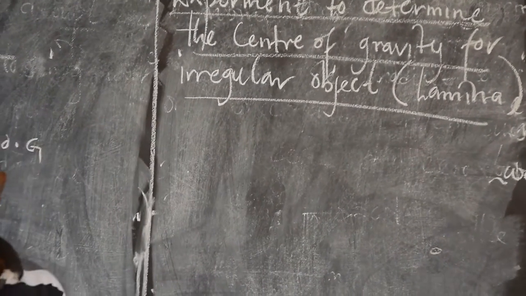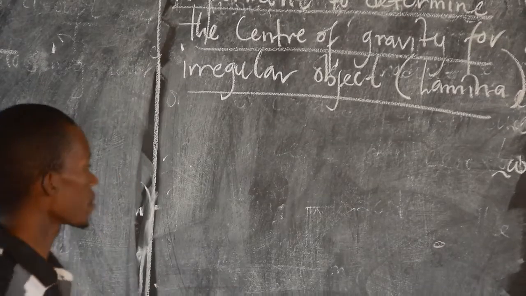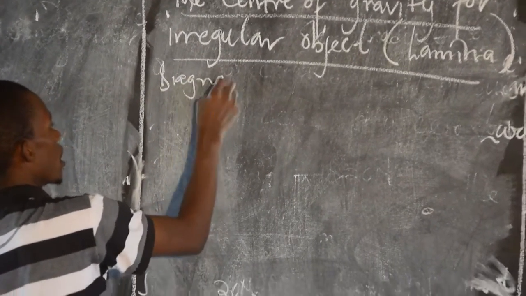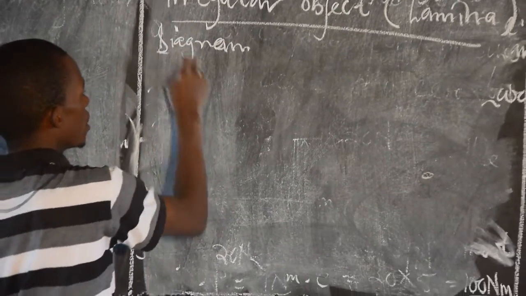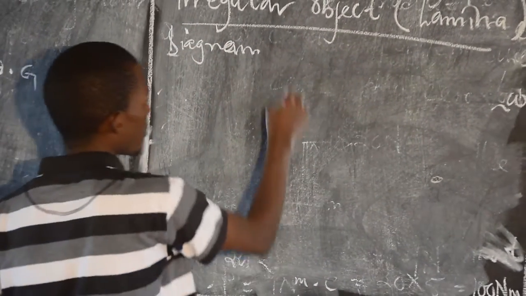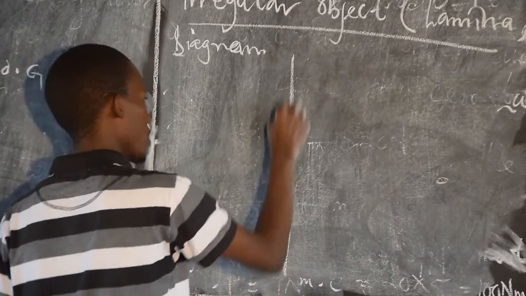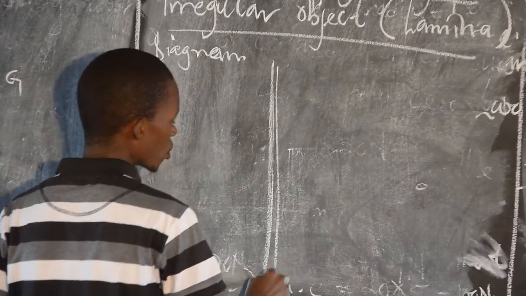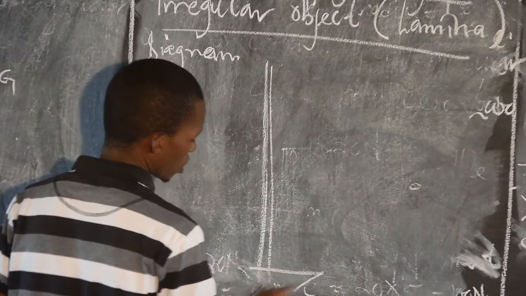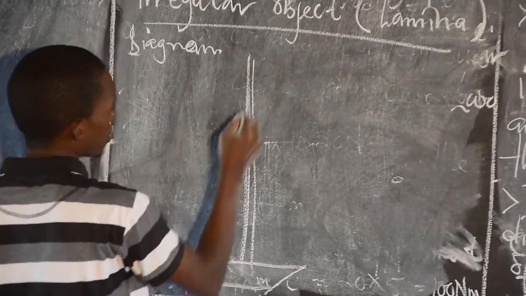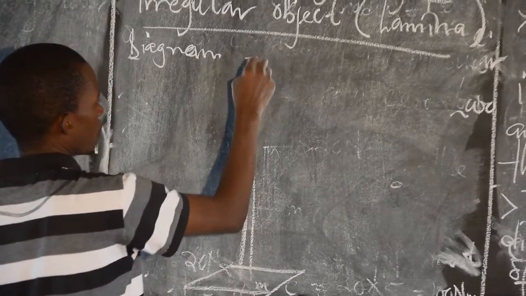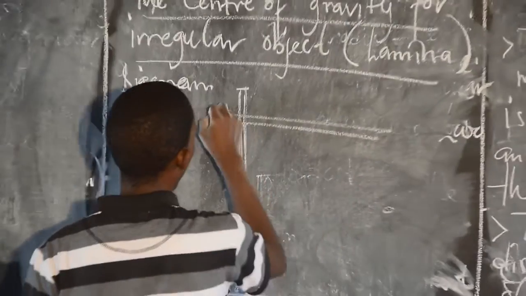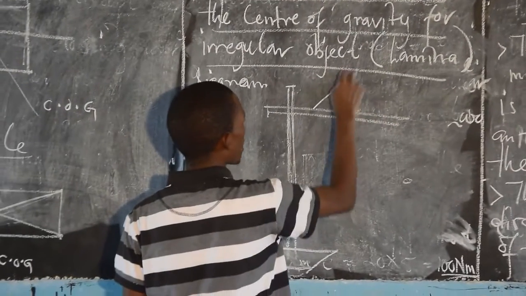In our lab, we have what we call a stand. We have a stand, pendulum, bob, pendulum. When we have a stand, this is what we call a stand. That is the grabber.